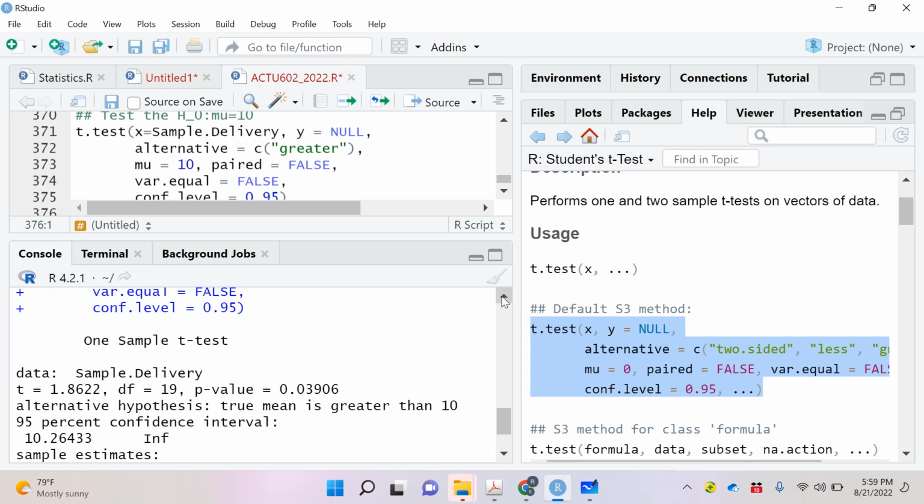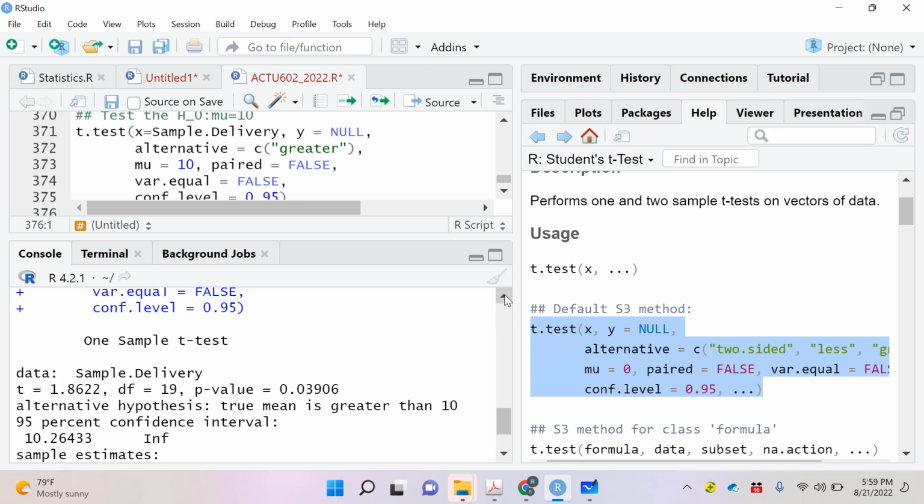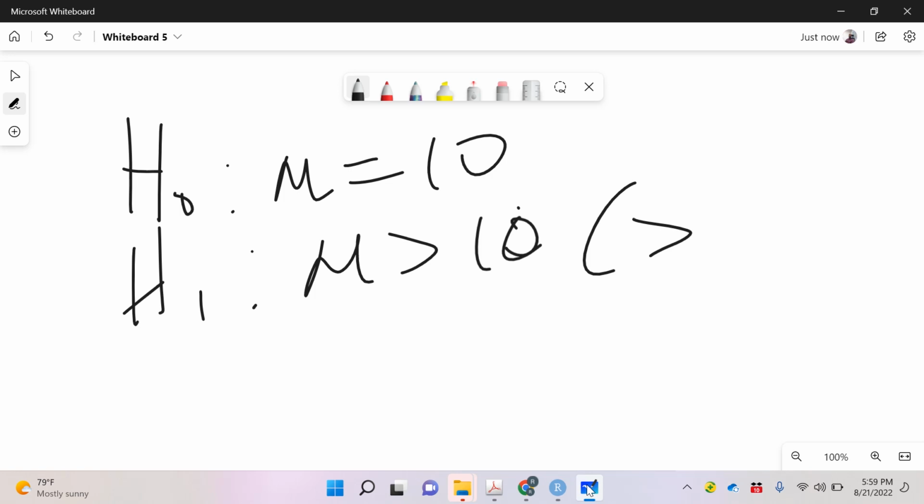Now we see how we will interpret it. The result shows that this is a one sample t-test. The data is the sample delivery time. Remember, if we were to do this test, this is the hypothesis.